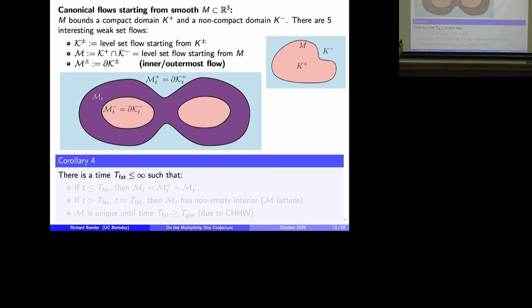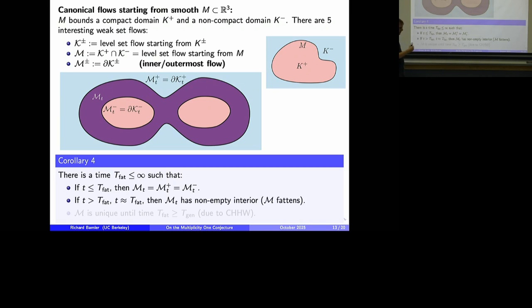Okay, and so now we can characterize this picture using our resolution more precisely. So we can basically say what I just tried to suggest. So we showed that there is a time t fat called the fattening time, such that if you're prior to the fattening time, all these 3 flows are the same. So the level set flow is the same as the exterior flow, is the same as the innermost flow, the outermost and innermost flow.